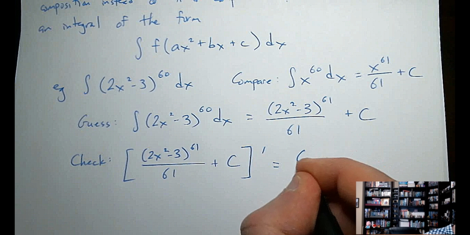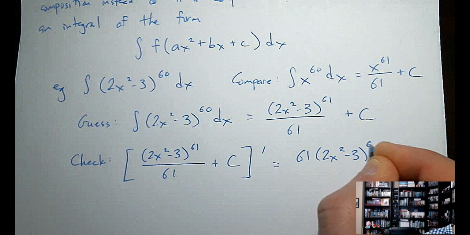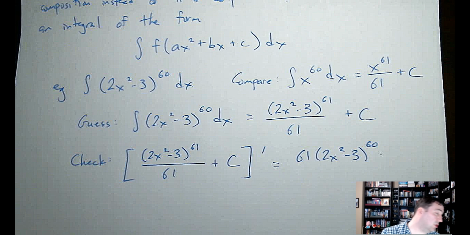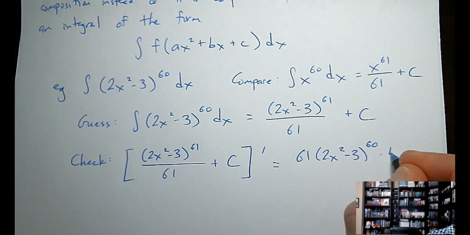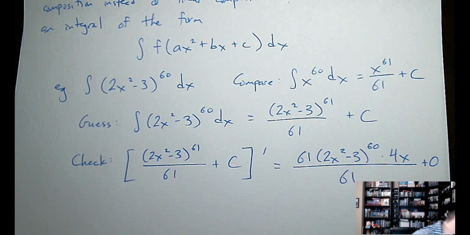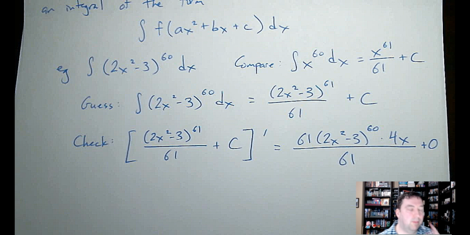So we'll get 61 times (2x^2 - 3)^60 times the derivative of the inside function. The derivative of 2x^2 - 3 is 4x. And that'll be divided by 61. And of course, we add on the 0, the derivative of the constant of integration.